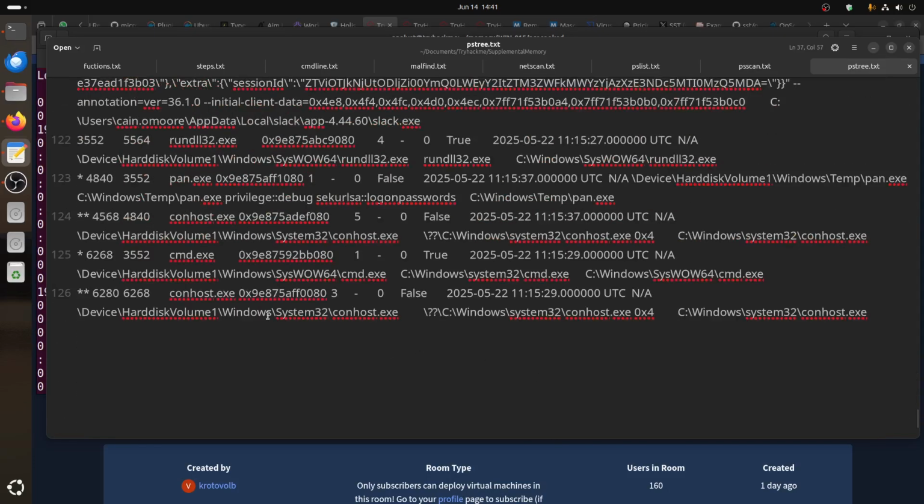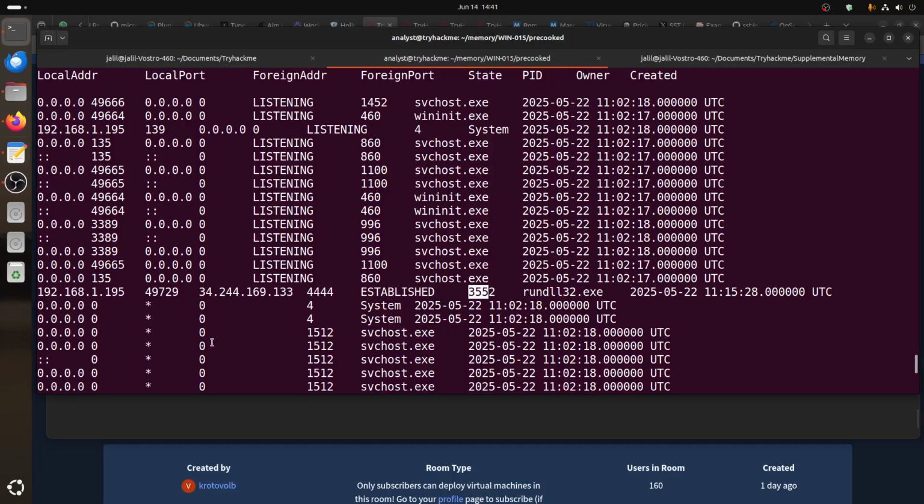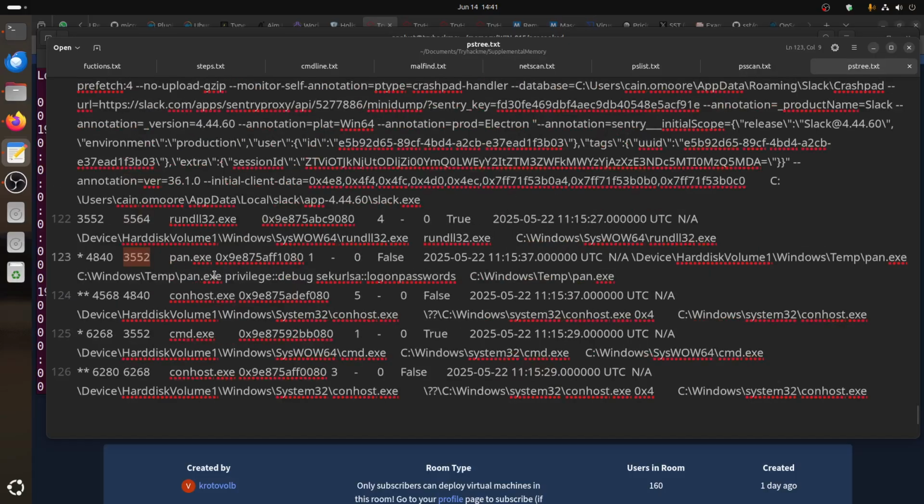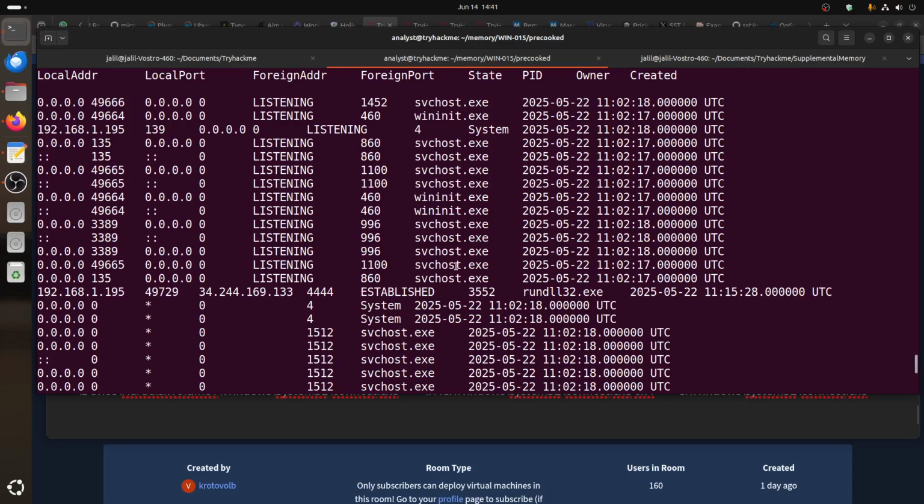Remember at the end, that pan thing, what did we say? We said 3552 is this one, the parent for the pan.exe. Now I'm getting confused.